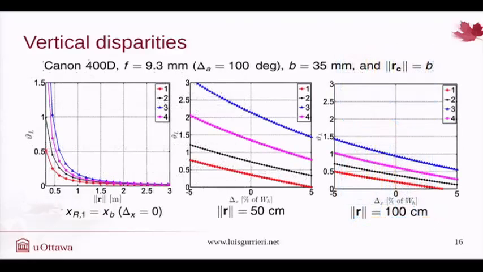And to see this graphically, when the scene is far away from the camera, that effect doesn't matter, because that disparity is not going to be noticeable. But when you're taking a panorama here and imagine what happens in the roof or in the floor, which are closer to the camera, meaning a closer distance from the camera, where R is the distance to the camera, the multiplicative factor is going to be larger.